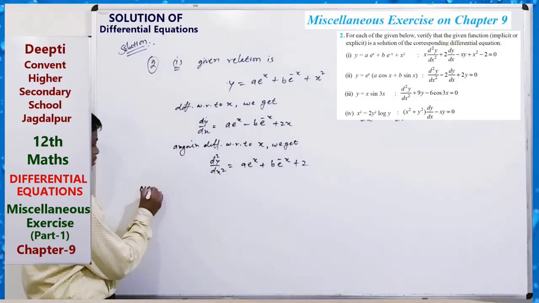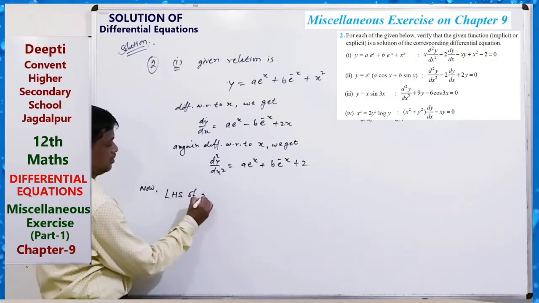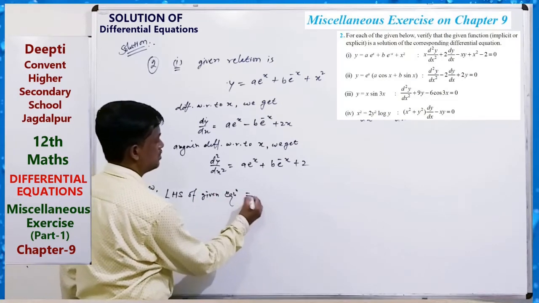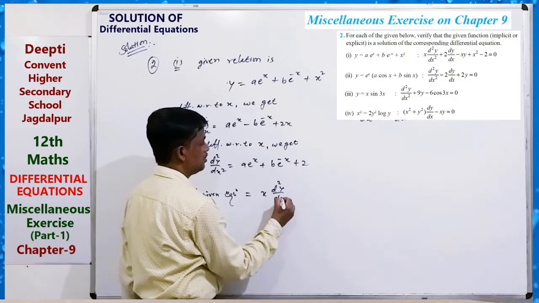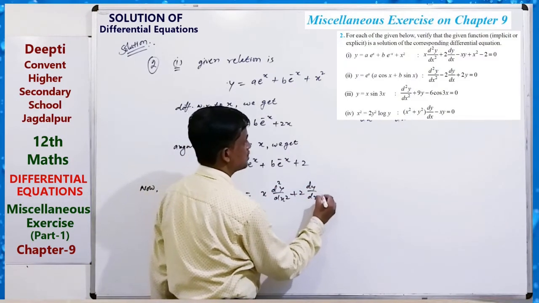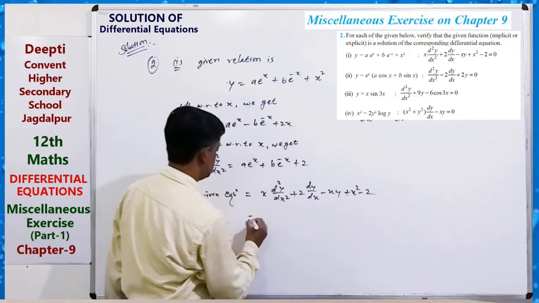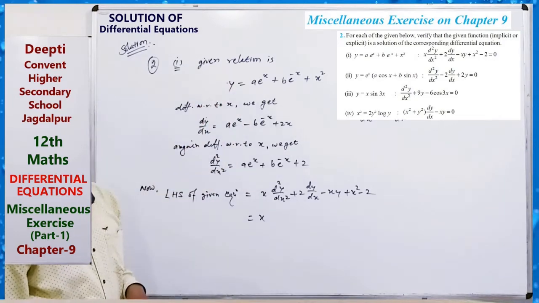Now the left hand side of the given equation is x d2y upon dx square plus 2 dy upon dx minus xy plus x square minus 2. Just put all these three values, y, dy and d2y.